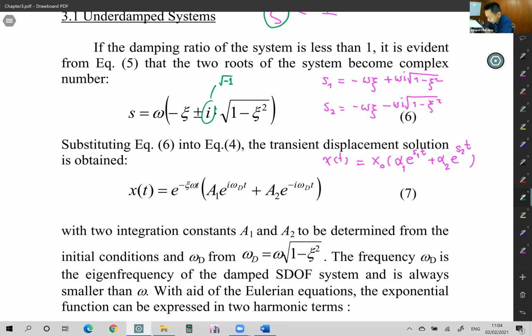You look at the pink letter that I have handwritten, right? I will write down that x of time t equals X0 multiplied with alpha 1 e to the power S1 t plus alpha 2 e to the power S2 t. And I introduce S1 and S2 into this equation and manipulate somehow. I will change everything to equation number 7, where now alpha 1 and alpha 2 change by some term arrangement to A1 and A2 instead.